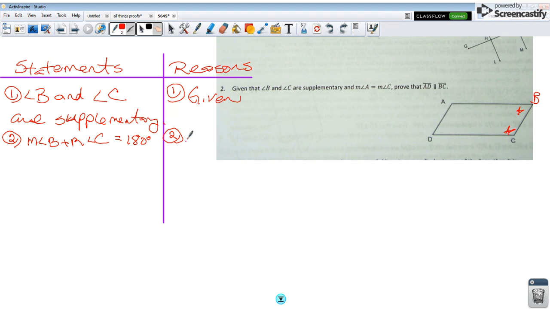Not based on linear pair, based on the definition of supplementary angles. The measure of angle B plus the measure of angle C is 180 degrees by definition of supplementary angles.